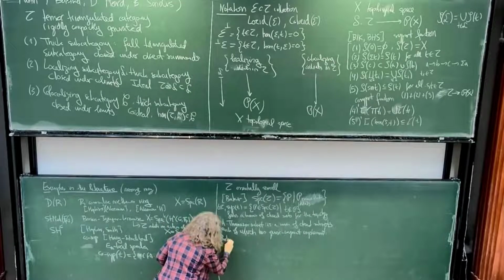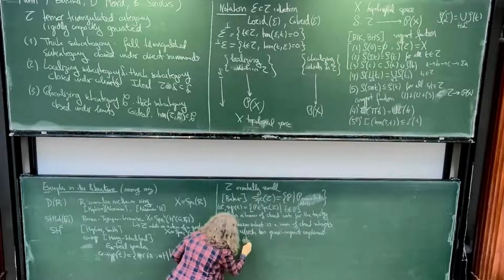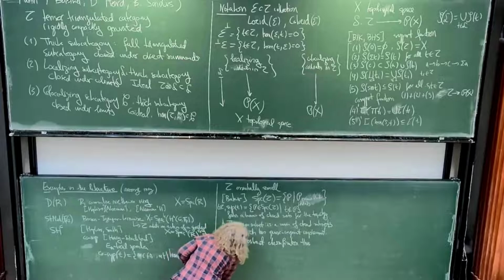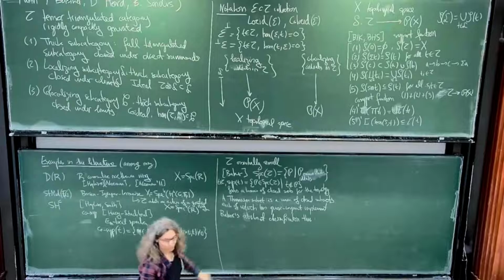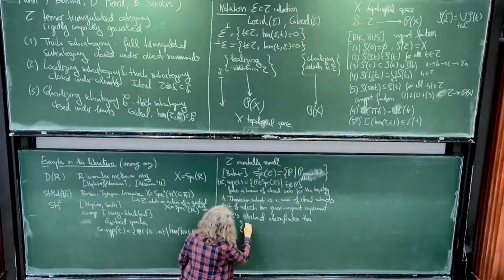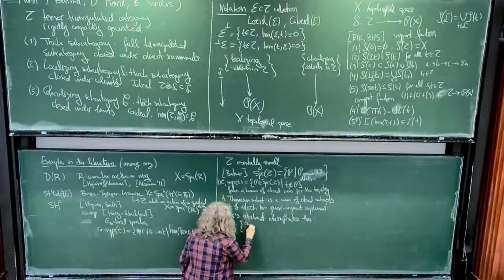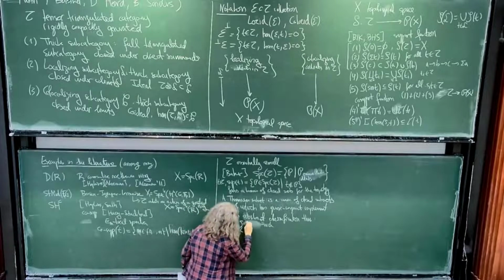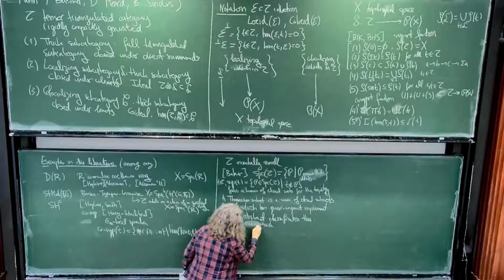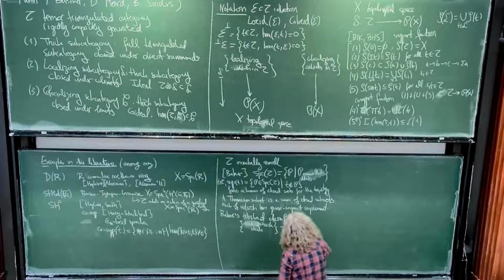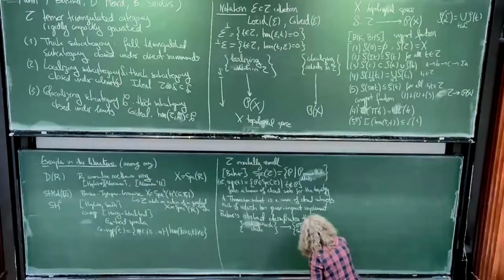And then there is Balmer's abstract classification theorem, which says that, using this topological space and defining a support function, you have a bijection between radical thick ideals and Thomason subsets of Spc.